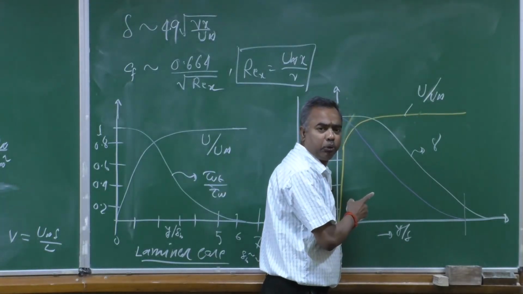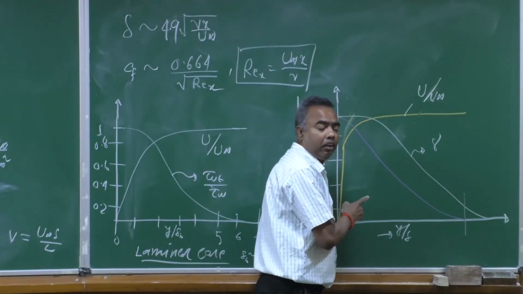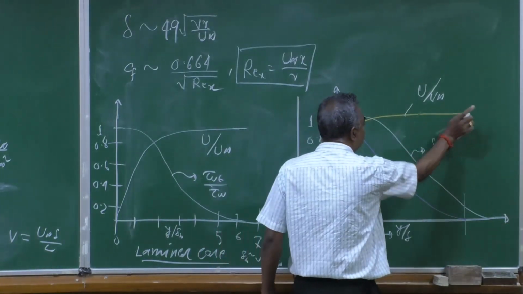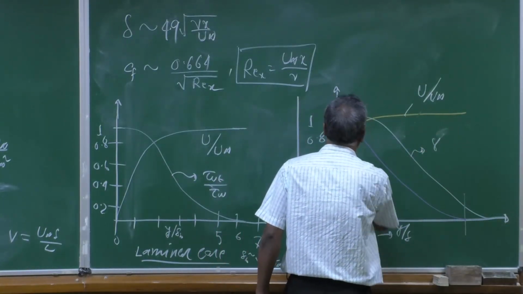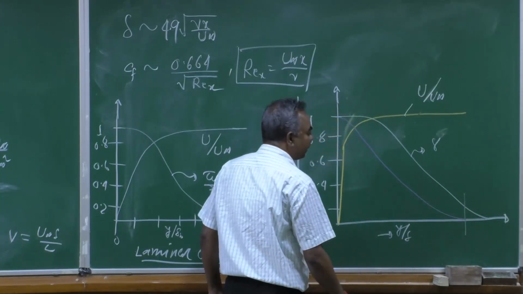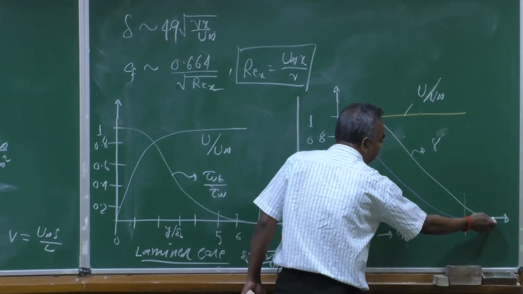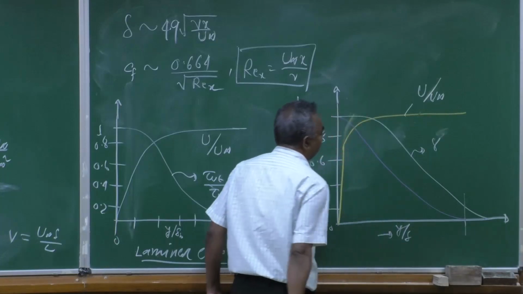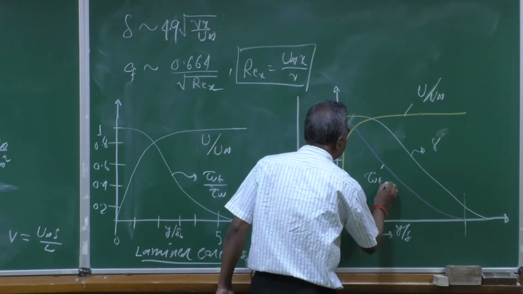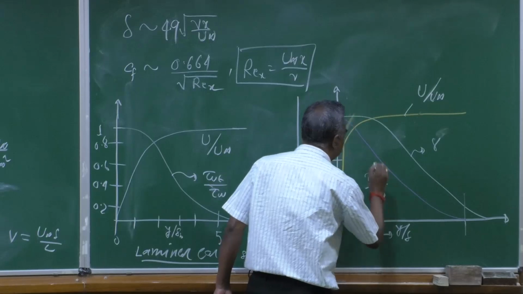I have already introduced this quantity while talking about the free shear flows. Please do understand this is our intermittency function, whose maximum value is 1 and minimum value is 0 somewhere outside of the mean boundary layer. And this is your tau v t divided by tau w.